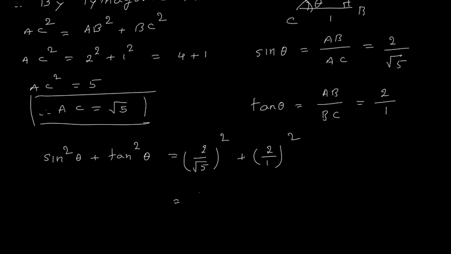Here it is 2 upon square of 2 is what? 4. So here it is 4 upon 5 plus here it is 4 upon 1. Now I will cross multiply: 4 into 1 is 4, plus 4 fives are 20, whole divided by 5 into 1, 5. So 24 upon 5 is the required answer.